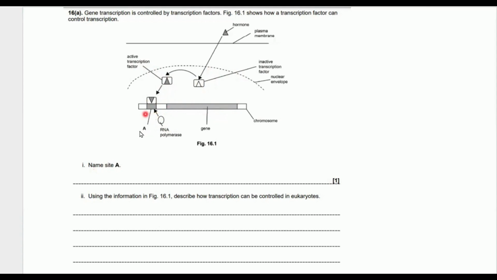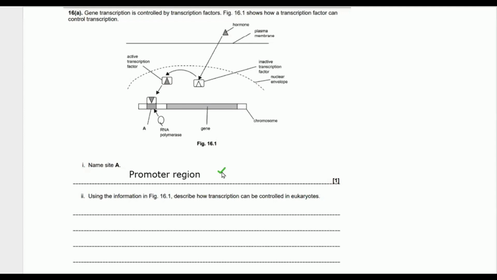So name site A. So think of the operon. We've got P, O, and we've got the structural genes. What do you think site A is? Well, it's where the RNA polymerase attaches. So this must be the promoter region. Now, you could have put the operator region because normally repressor proteins bind to the operator region. So you'd be forgiven if you made that mistake.